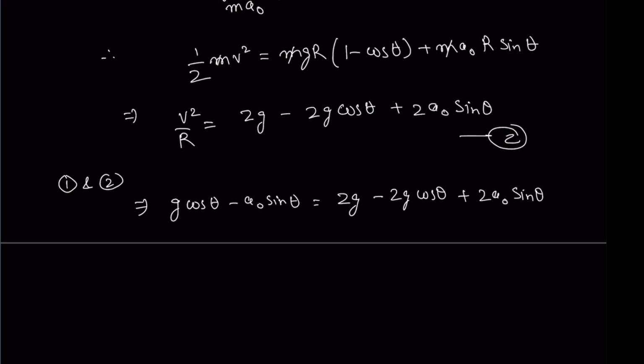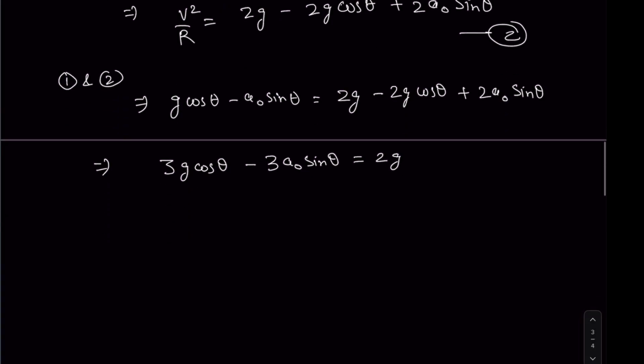Now we take this term and this term to the left hand side. So we get 3g cos theta minus 3a naught sine theta equals 2g, and therefore g cos theta minus a naught sine theta is 2 over 3 g. This is equation number 3.